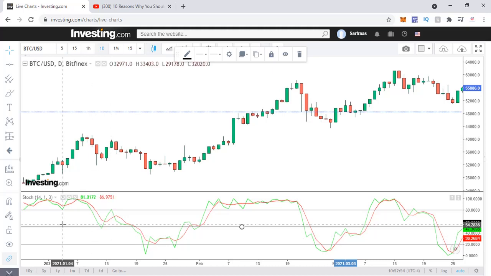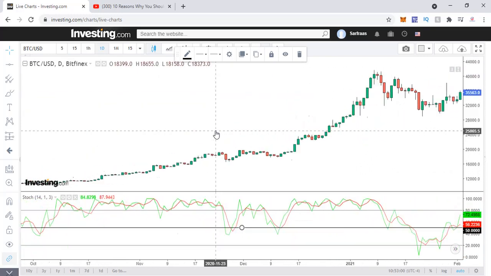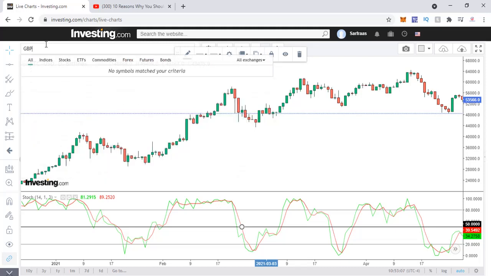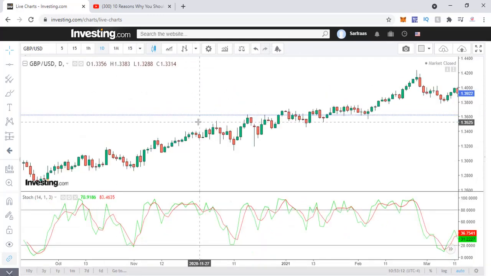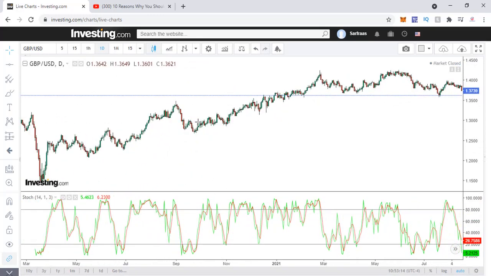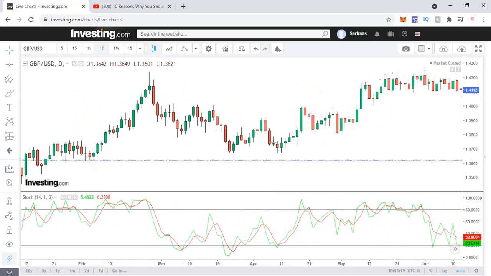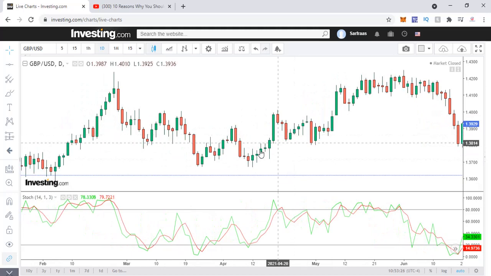Okay, so I'm trying to find a range bound market, so let's change it to some other script. This is what it would look like.